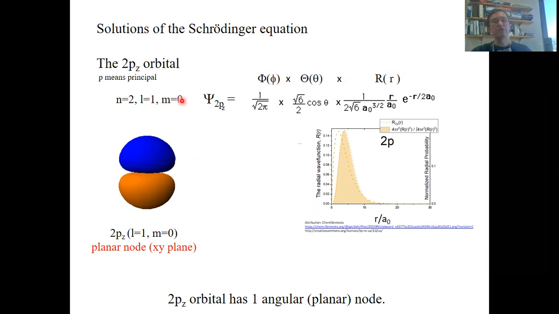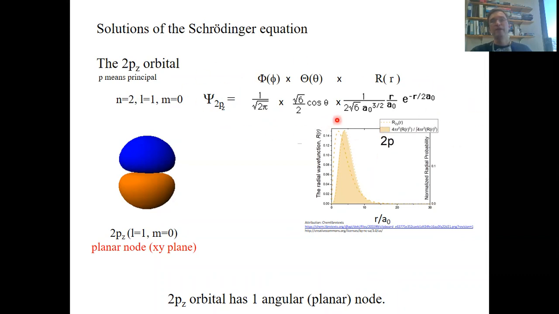Okay, so that's 0 for the pz orbital, +1 and -1 for the px and py, respectively. So now if we plug these quantum numbers into the general solution for our Schrödinger equation and calculate the wave function explicitly, then we will get the wave function for the 2p orbital, and you see here the wave function for the 2pz orbital.